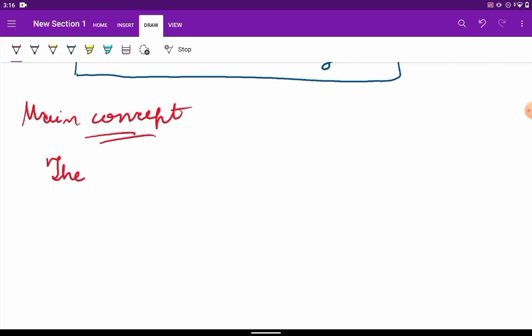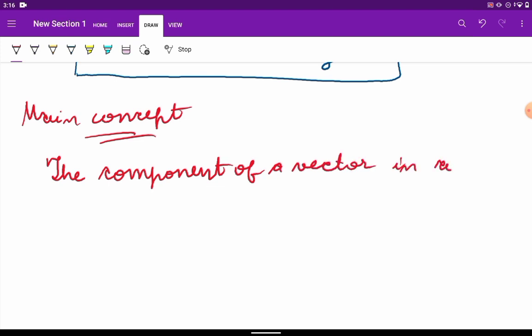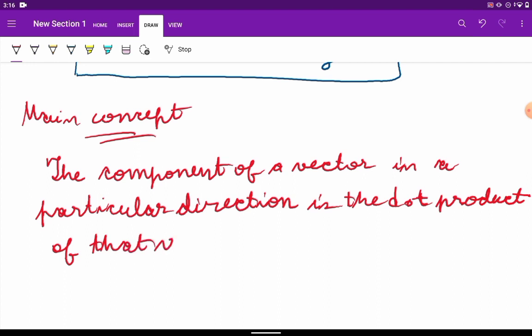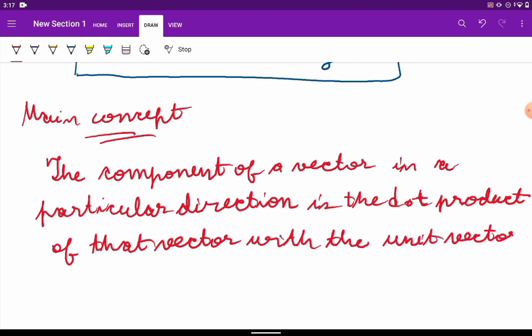The component of a vector in a particular direction is the dot product of that vector with the unit vector in said direction.